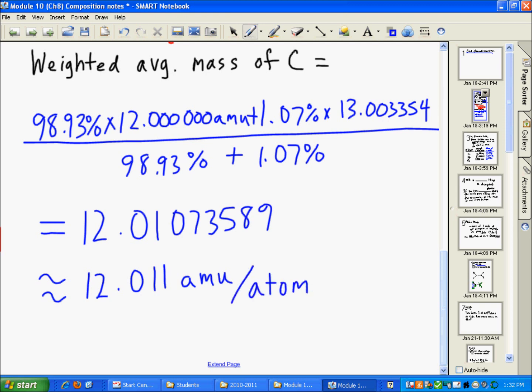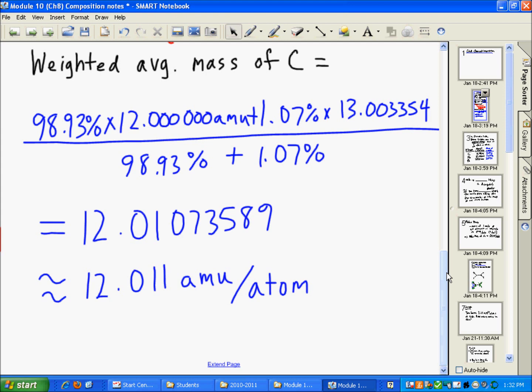It's an average mass. Now, grab your periodic table and find the atomic weight of carbon in the periodic table. Look at that, 12.011. It's the same.